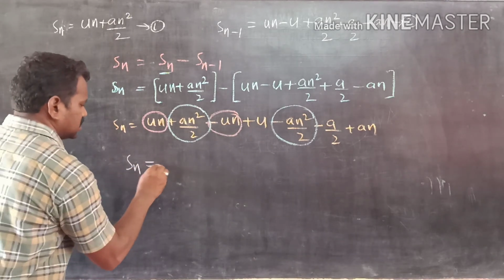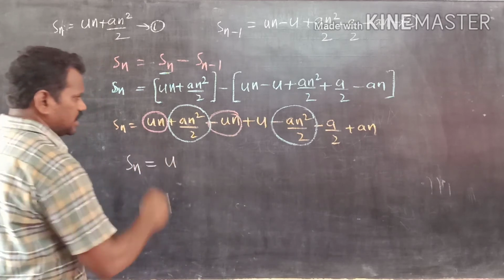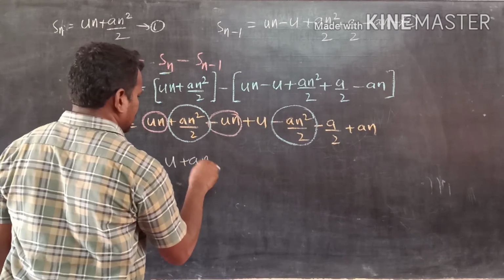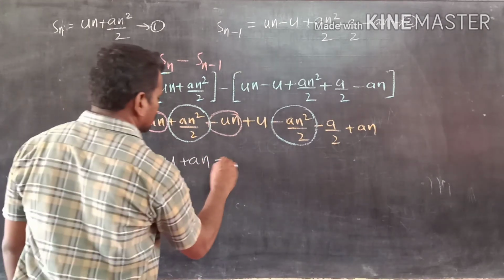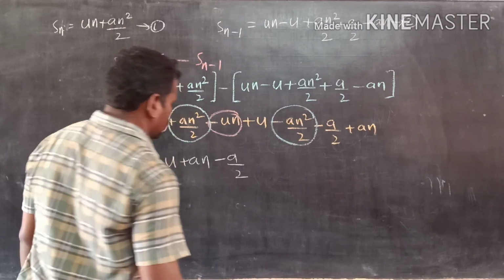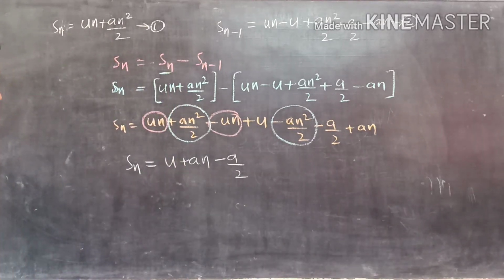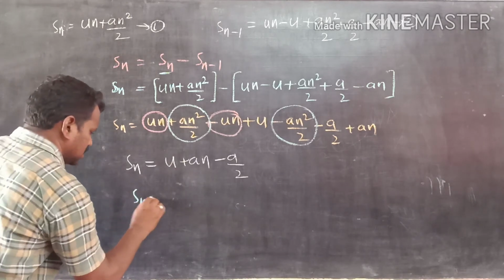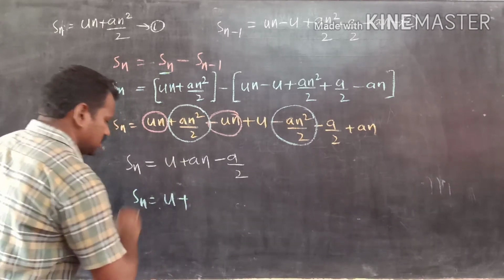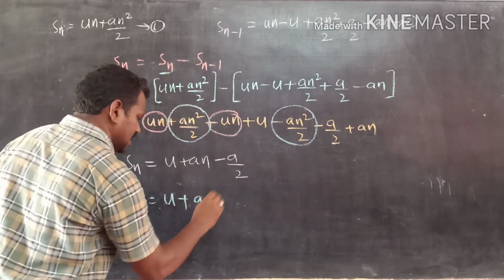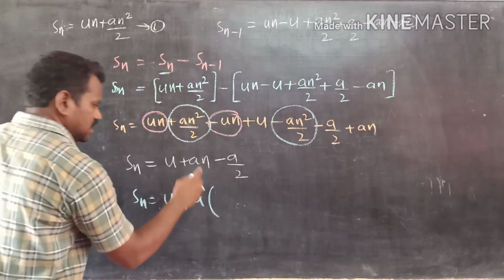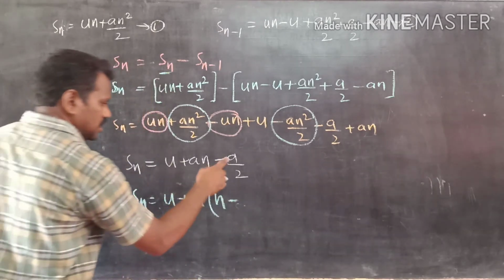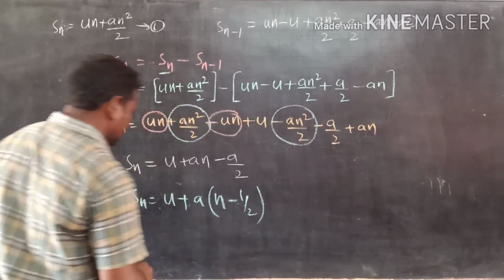Sn is equal to, here u is left, and plus an is left, minus a by 2 is left. If you observe, Sn is equal to u plus, if we take a as common, in this n is left, minus here half is left.